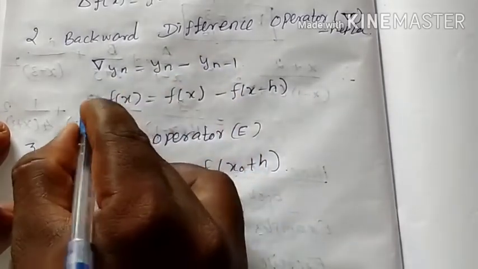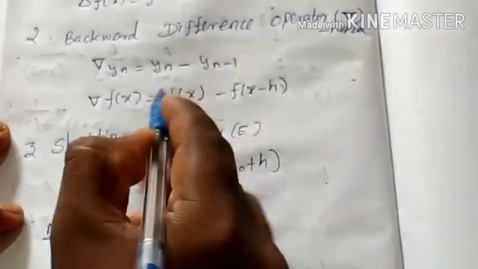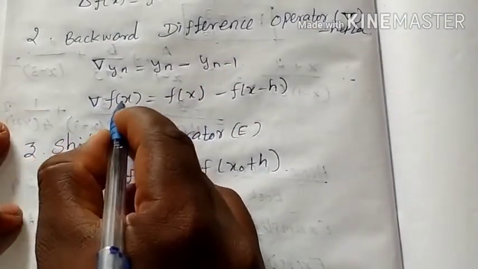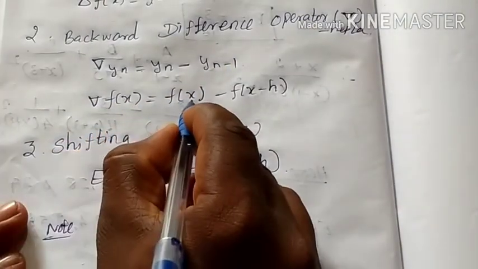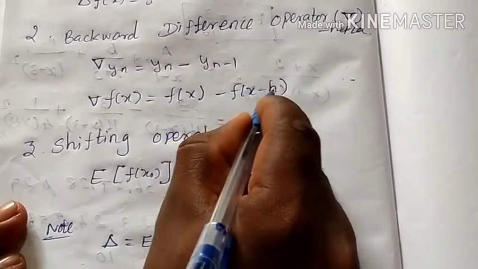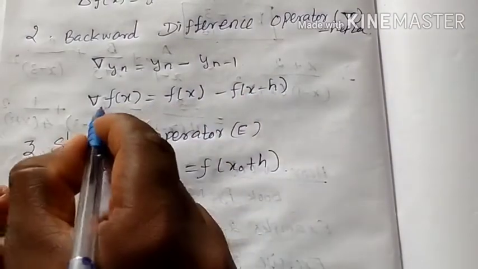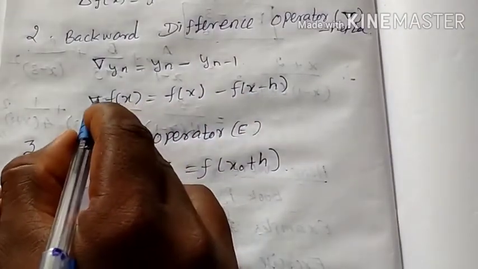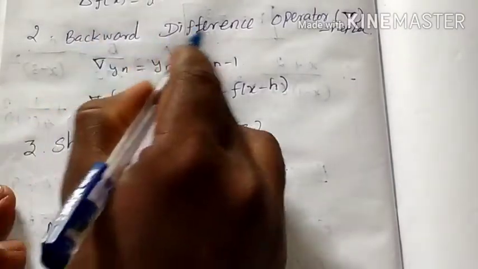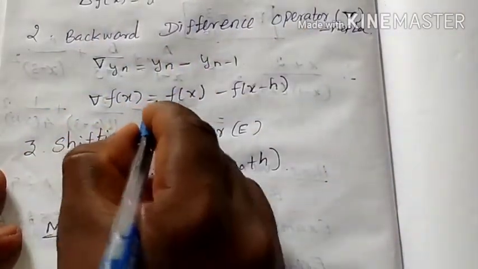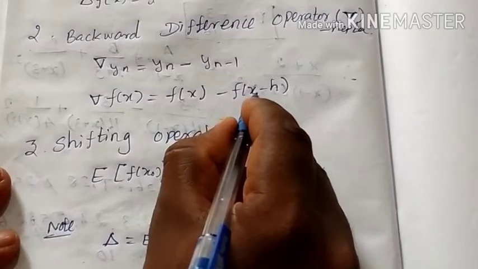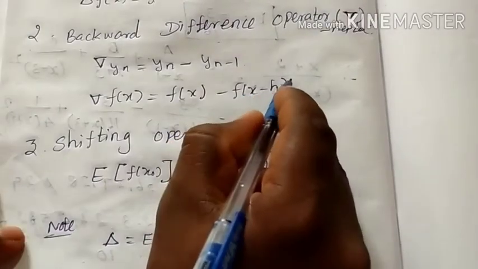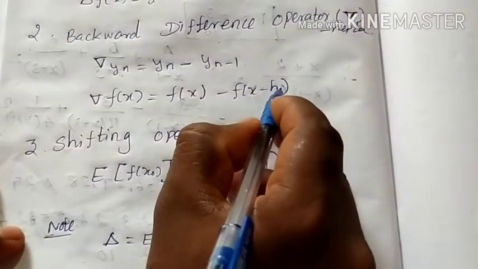Then the formula for backward difference operator, when f of x is given: nabla f of x equal to f of x minus f of x minus h. Here h is the equal interval of spacing.